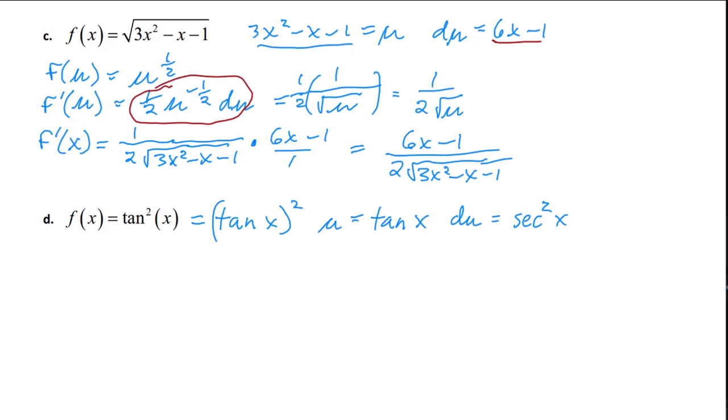All right, so let's put this into motion here. So I've got f of u equals what? Think about what u is standing for, tan x. So I've got u squared, don't I? Then this becomes just a power rule kind of thing, but it's a general power rule that we're incorporating the chain rule into. Okay, so I've got f prime of u equals 2u, and then to the 1 power, so just 2u du.